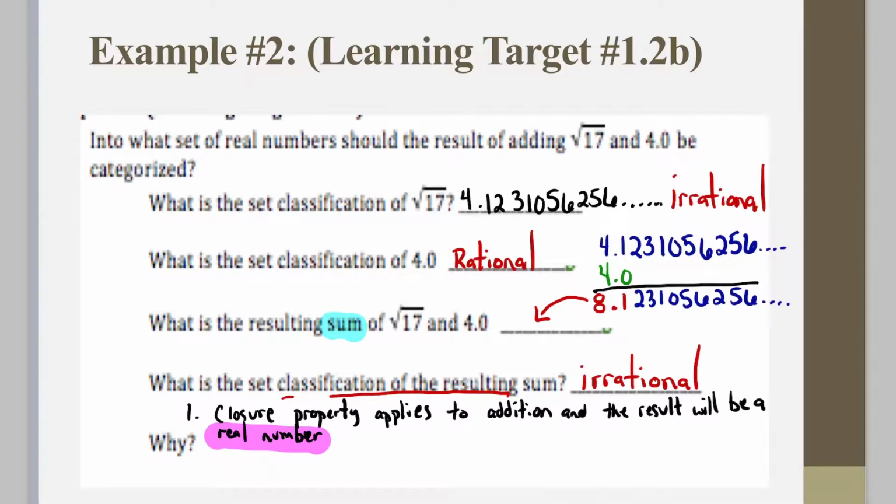Now, the next thing is, why is it going to be irrational as opposed to rational?